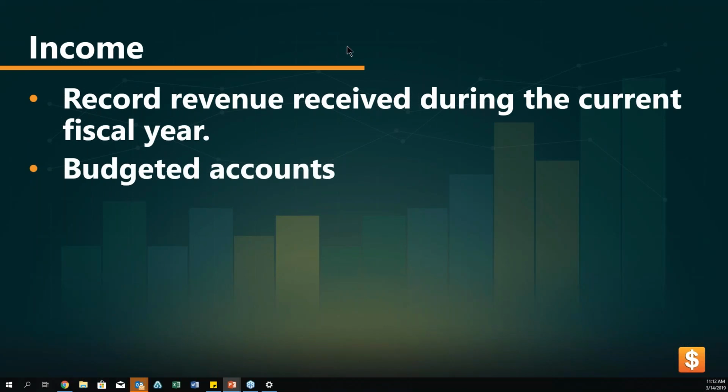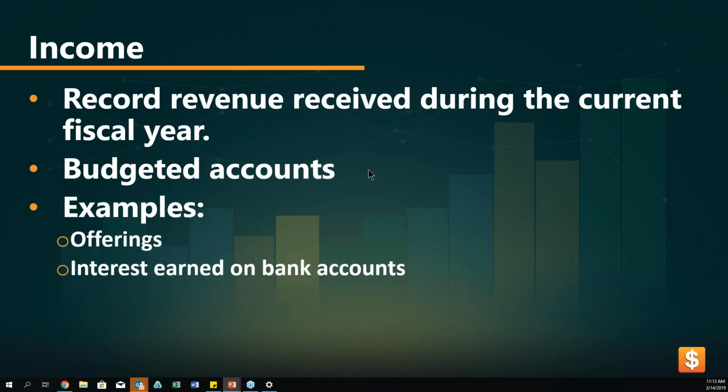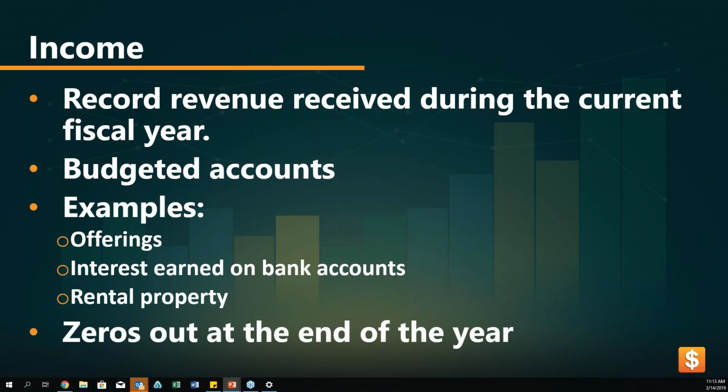These accounts are budgeted, so they'll actually show on your statement of income and expense. You can apply budgets to these accounts, and they'll show on your statement of income and expense. Examples of income accounts are offerings, interest earned on bank accounts. Could also be rental property, and these accounts zero out at the end of the year.